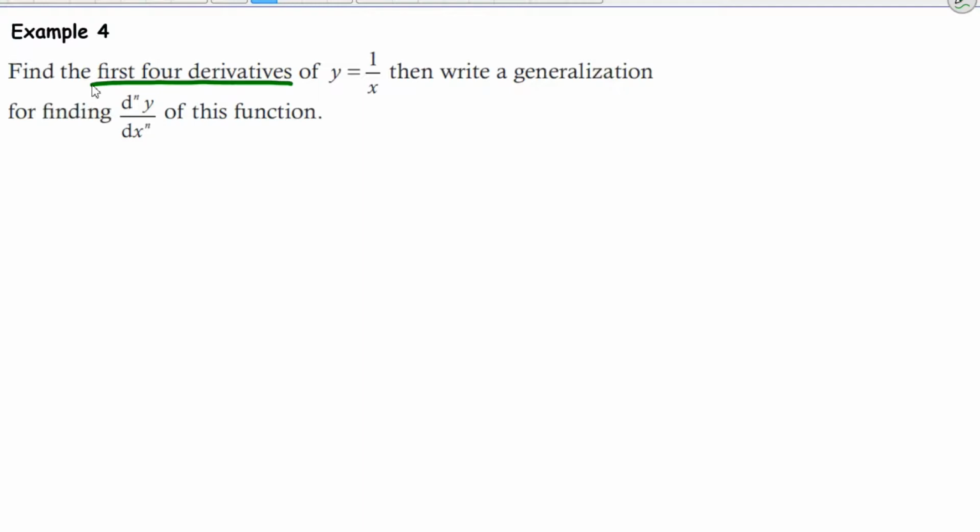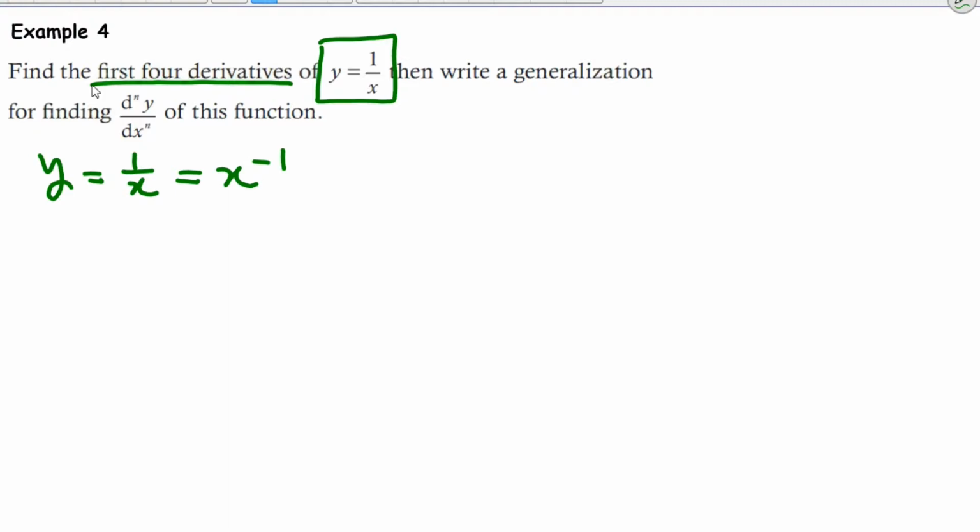Before I start working through the derivatives, we can rewrite this function. y is equal to 1 over x can be written as x to the power negative 1. That way it's easier to use the power rule.